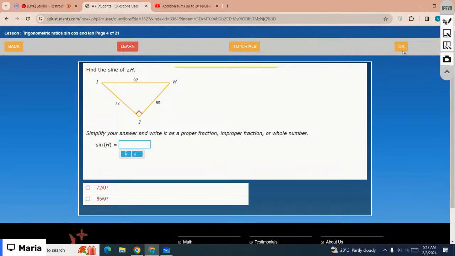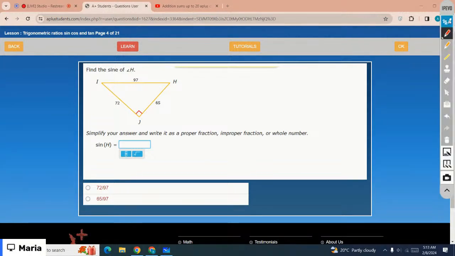Find the sine of angle H. Okay. So sine of angle H is opposite divided by the hypotenuse, right?